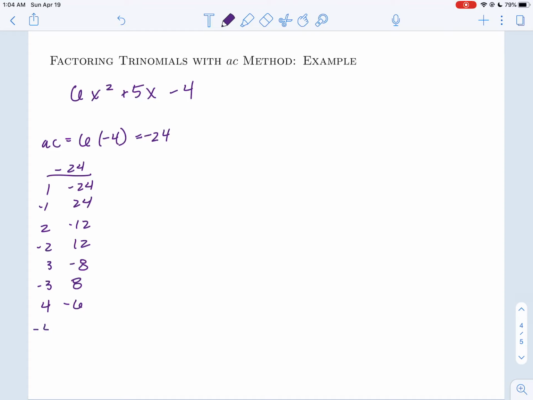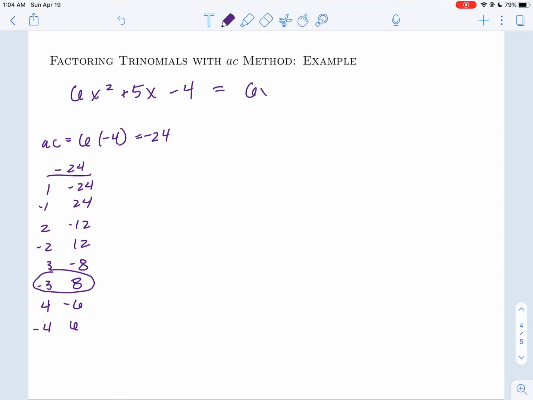And I could do 4 and -6, and again, I could also do -4 and +6. While I'm looking at this list, I still just want to find things that add up to that middle term. Because remember, I'm trying to replace that middle term with something it's equivalent to. So I'm trying to get to that +5. And it looks like the only pair in here that will add to 5 is that -3 and +8.